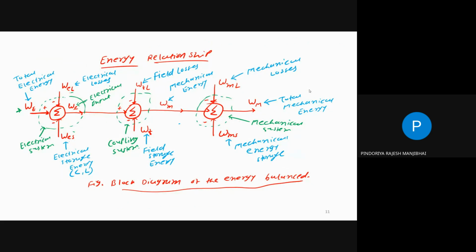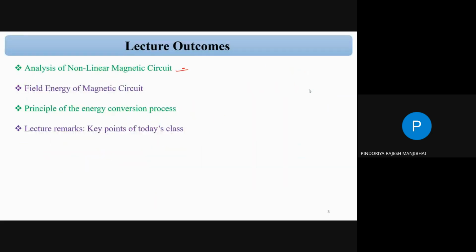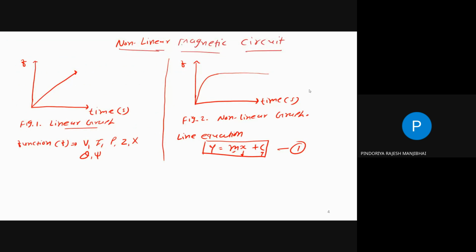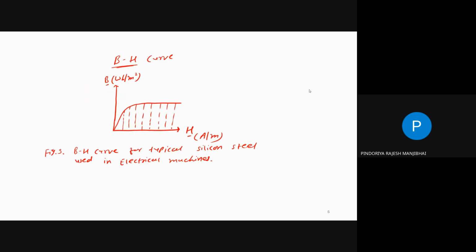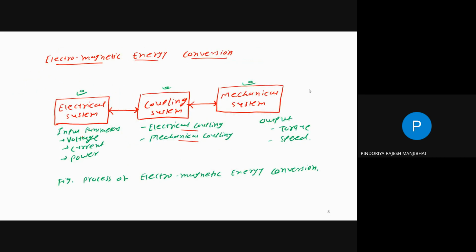Yes, students. So this is for today's class. We discussed linear and non-linear magnetic circuits. In the case of an electric motor, we discussed saturation and steady state condition. Then the BH curve and the electromagnetic energy conversion process: the electrical system, coupling system, and mechanical system.